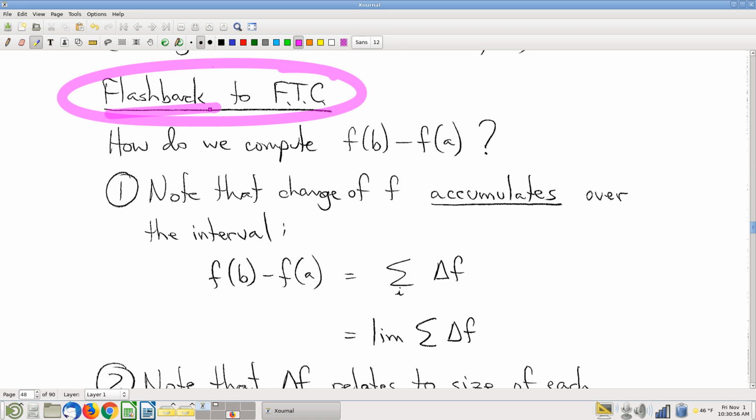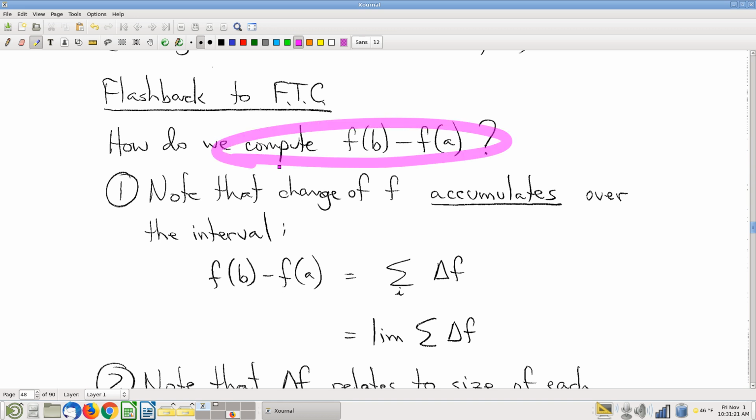I assume that y'all already know the Calc 1 point of view on the fundamental theorem of calculus. I want to give you a different point of view that will allow me to make connections to the later stuff we're going to do. Okay. So we tend to think of the fundamental theorem of calculus as a way of computing integrals. I don't want to think about it that way. That's already weird. I want to think about it as a way to compute change.